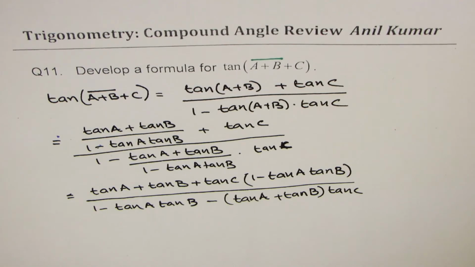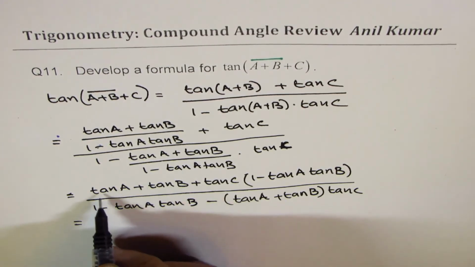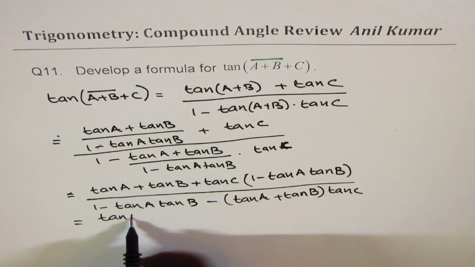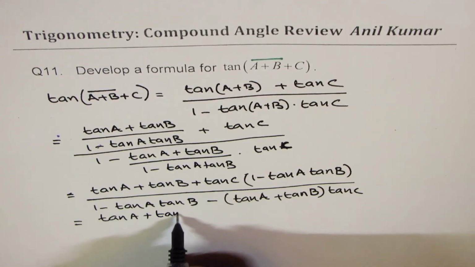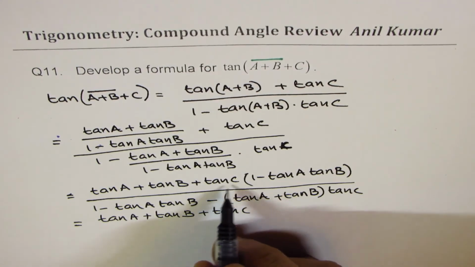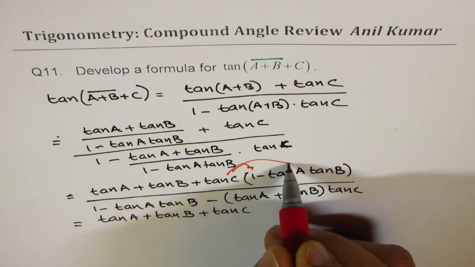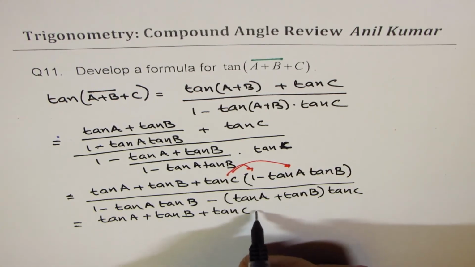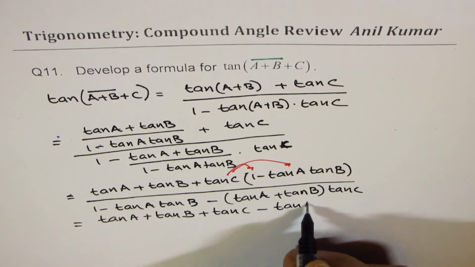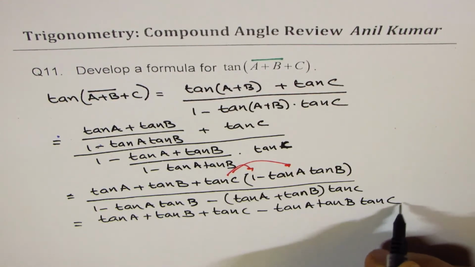So we got all tan terms. Now we can just expand and simplify. So in the numerator we have terms like tan A plus tan B plus tan C. That is expanding, we'll multiply both, right, with this and this. So we get minus tan A tan B tan C, correct?